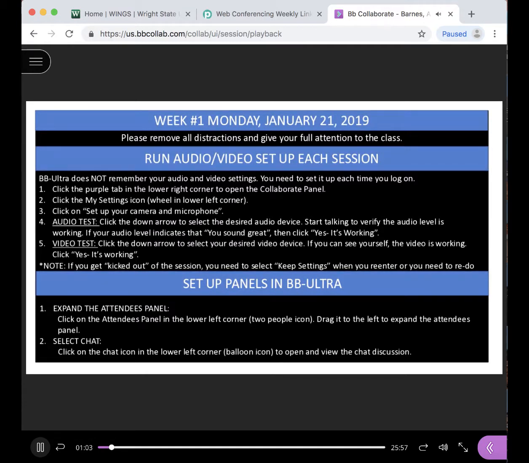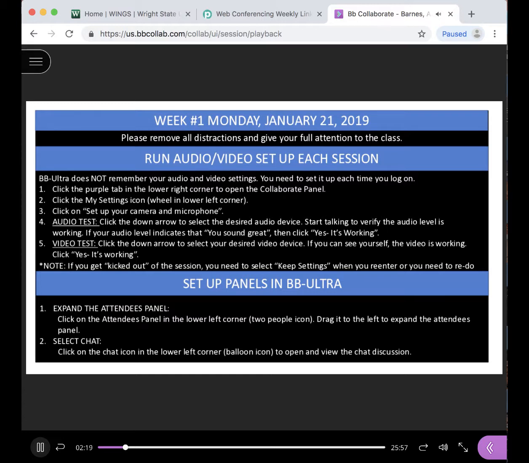So go ahead and click the purple tab in the lower right corner, which will open the Collaborate panel. You want to click the My Settings icon, which is that purple gear wheel, and then go to... OK. So now we want to set up the panels in BB Ultra.